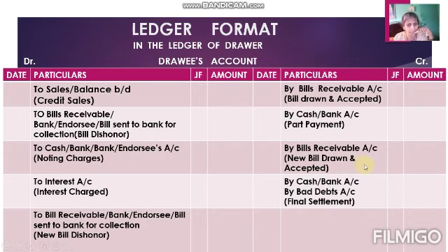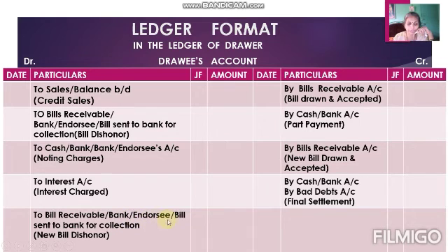After that, the next case we discussed in the journal entry format is insolvency or bankruptcy. For insolvency, again new bill dishonor entry must be passed. For that, again in drawee's account, it depends on the case. If retained, then we write 'To bills receivable'. If discounted, 'To bank'.